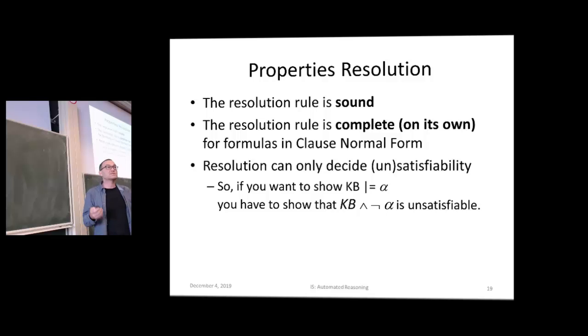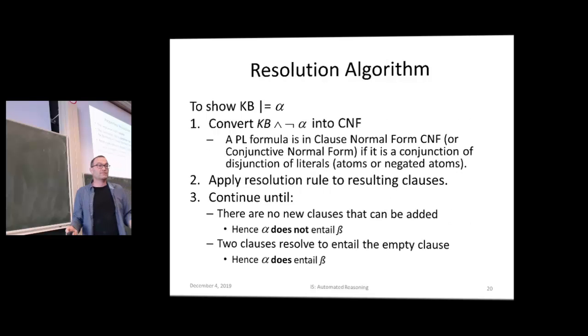Here again, it's a proof by contradiction. So the algorithm is again the same we had with Davis-Putnam. If you want to show entailment, you transform the knowledge base into clause normal form. You transform the negation of the thing you want to show entailment for into clause normal form, and you add the two.